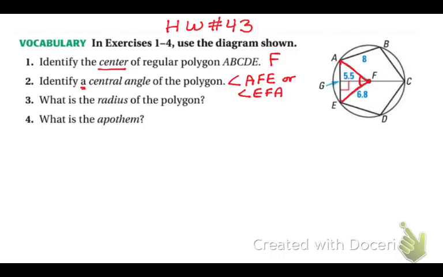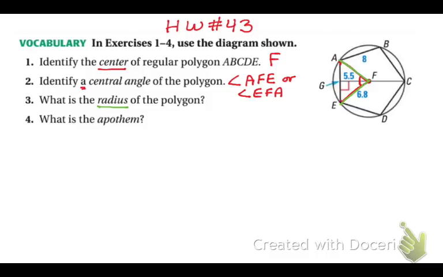So I'm going to change colors just to make it easier. Okay, what is the radius of the polygon? Remember, the radius of the polygon and the radius of the circle are the same. So this is a radius. Okay, and this is a radius.